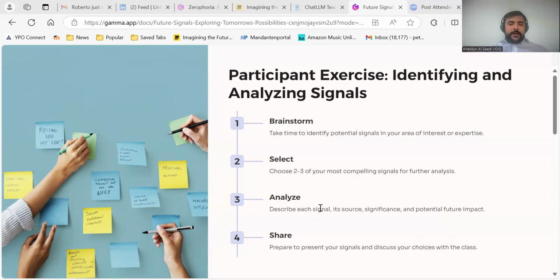Yeah, thank you. I also want to come up with a signal in order to better understand if I got the definition of a signal right.